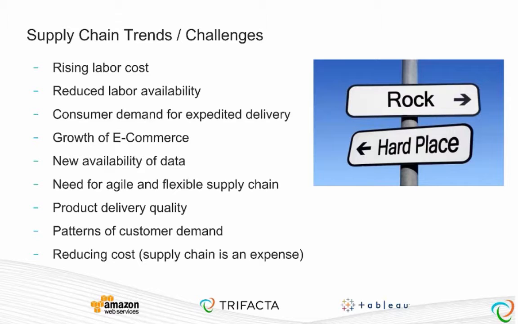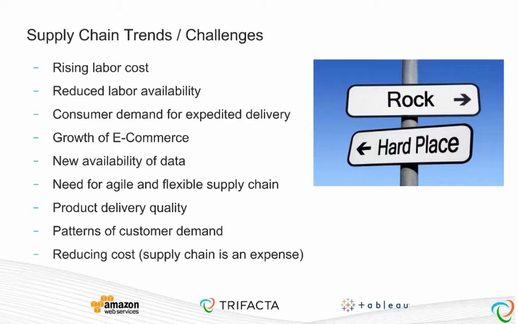New availability of data: as data becomes available, you have to have the right structure in place to be able to take a look at that data and use it to drive a lot of your solutions. Then there's also this need for an agile and flexible supply chain to meet rising labor costs and growth in e-commerce, and ultimately developing an omni-channel approach, to where you can operate in a few different lanes.